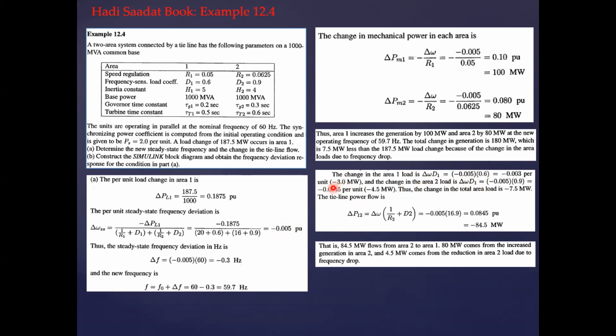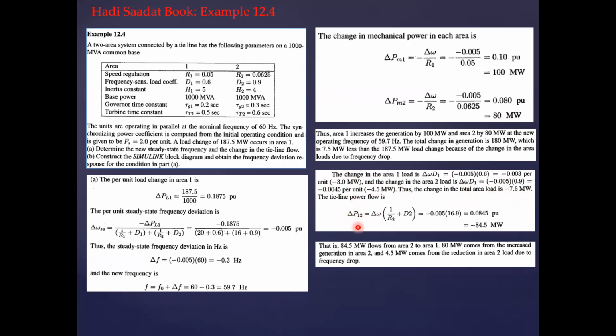Per this much change in the megawatt, something like 3 megawatt, because this is what you get in per unit here, 0.03 per unit. Because you have a base of 1000, it is something like 3 megawatt change, minus. Then in the same way you do it for area 2 here, and the change will be this much megawatt. So the change in the total area load, in fact, it is something like 4.5 and 3 here. So it is this much.